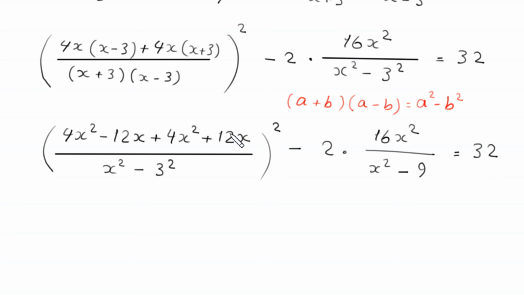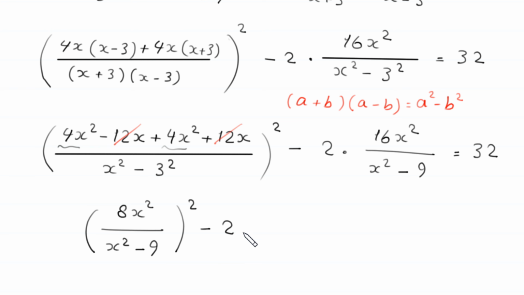Now this positive 12x will be cancelled out with this negative 12x, and this 4x squared plus this 4x squared will become 8x squared divided by x squared minus 9, whole squared minus 2 times, since here we have 8x squared, so we write this 16x squared as 2 times 8x squared divided by x squared minus 9 is equal to 32.